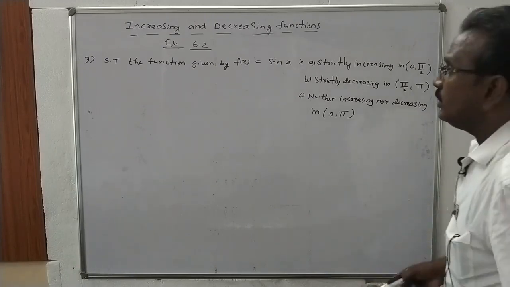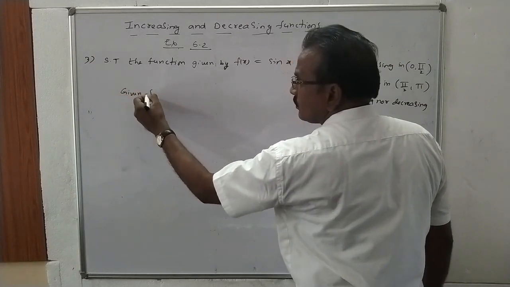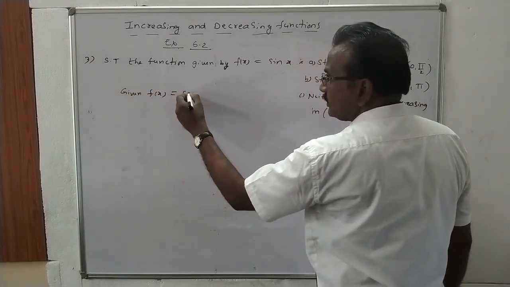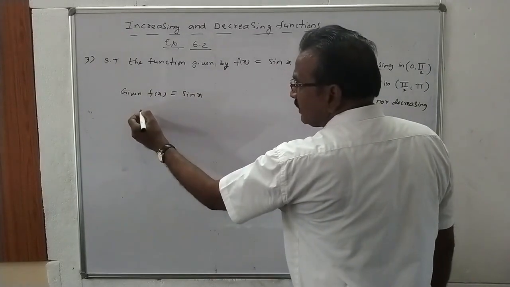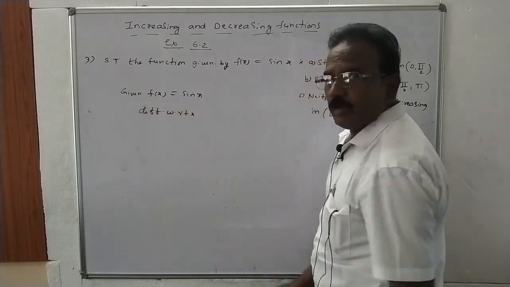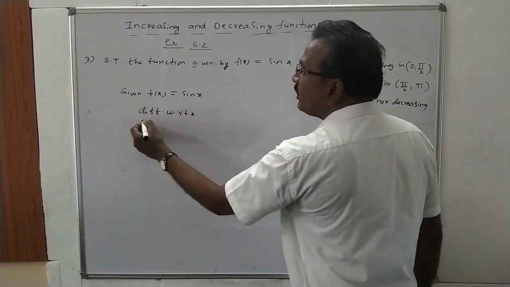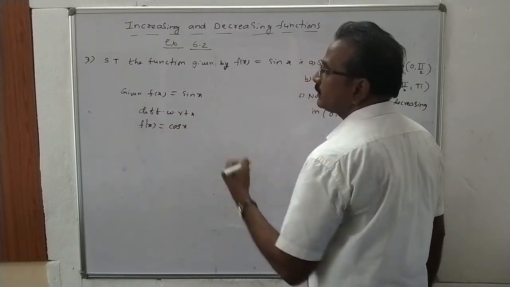Right, first, here given f of x is sin x, so differentiate with respect to x. Derivative of f of x is f dash x is equal to derivative of sin x is cos x.